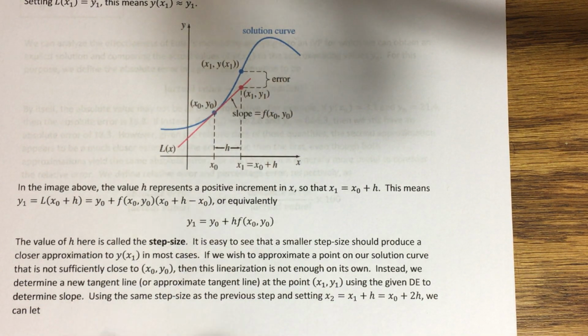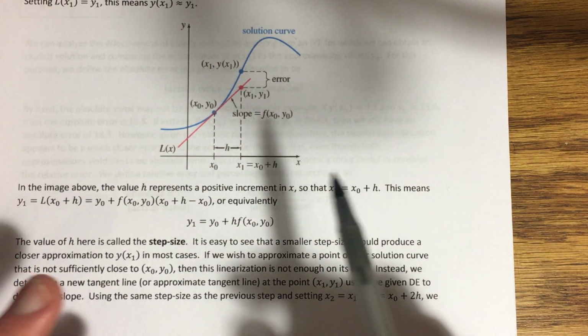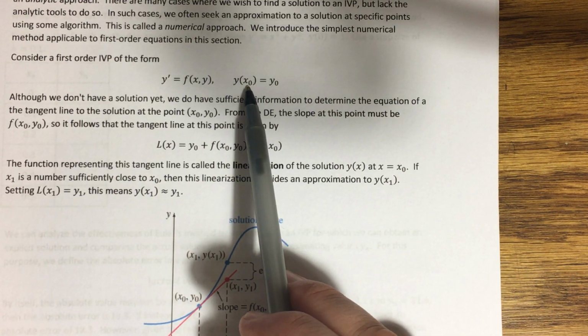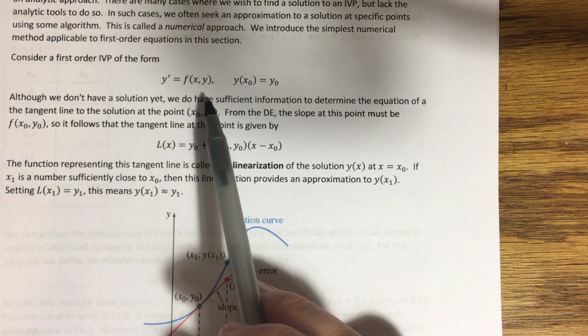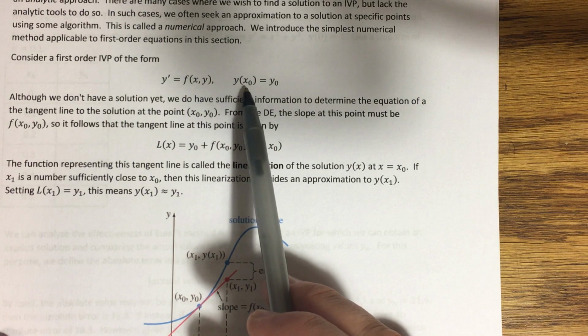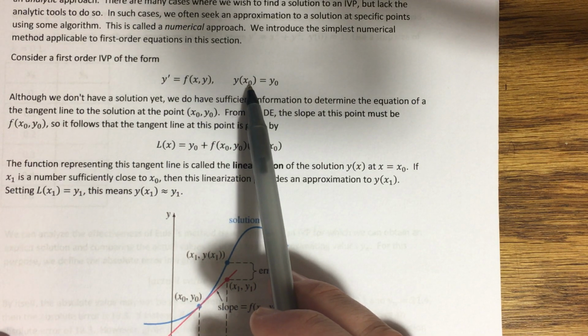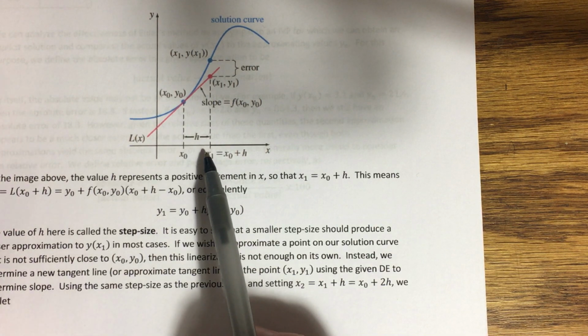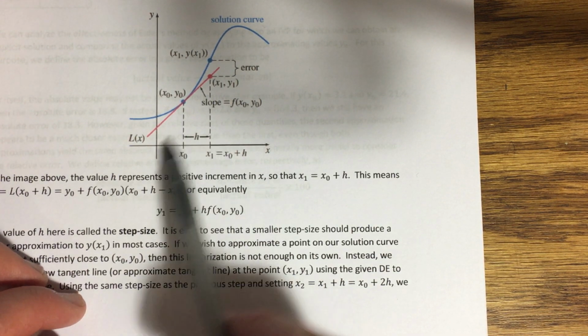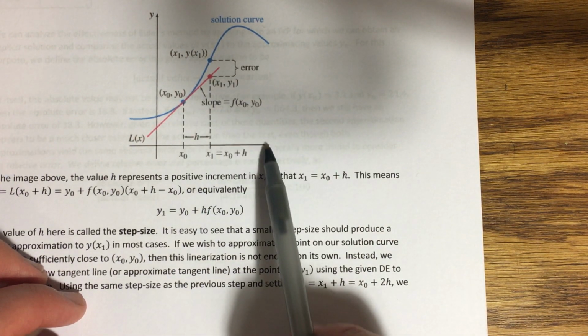Now, that doesn't really help me if I have an IVP like this, and I need to approximate the value that we would get from an actual solution by plugging in an input that is far from x naught. So suppose, for example, I needed to approximate a point on my solution curve where x is way over here.